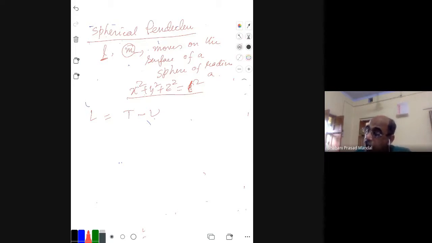Now I am considering this is my sphere and this is my origin, this is my, say, XYZ axis. I am considering that the z equal to 0 plane is the potential energy 0 plane. So that I am assuming.